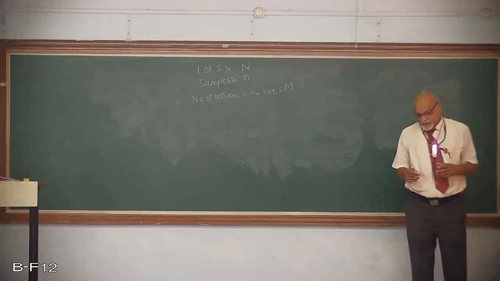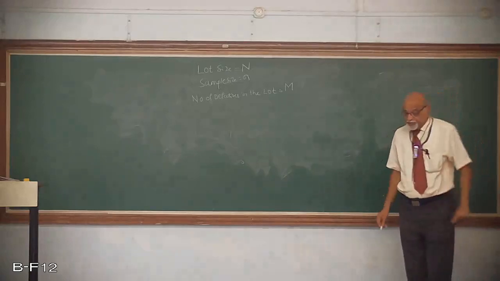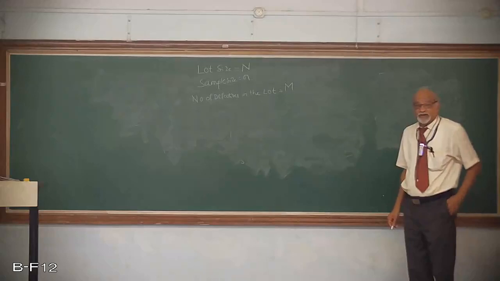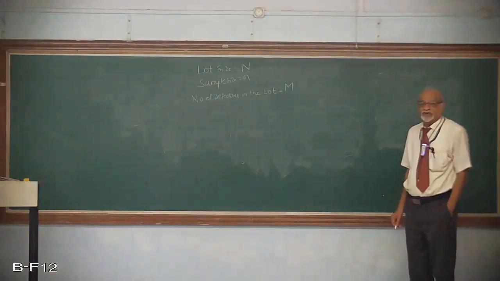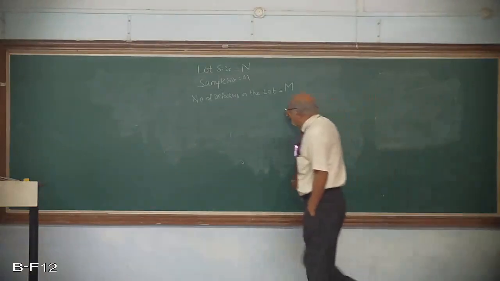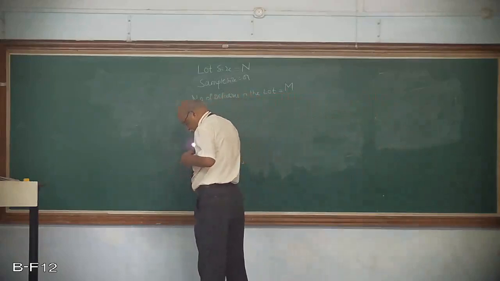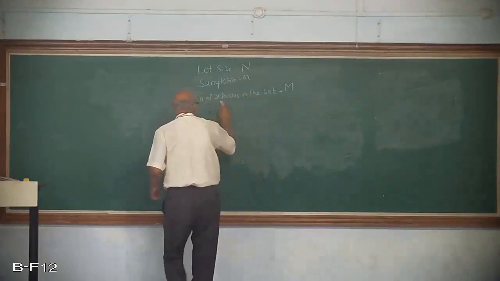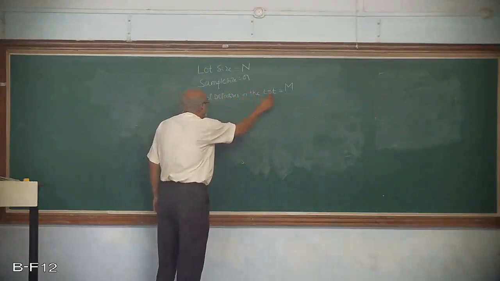And especially if the probabilities are to be calculated, if the lot size is less, there we consider the number of defectives in the lot as well. So this one is capital M, it denotes the number of defectives in the lot.